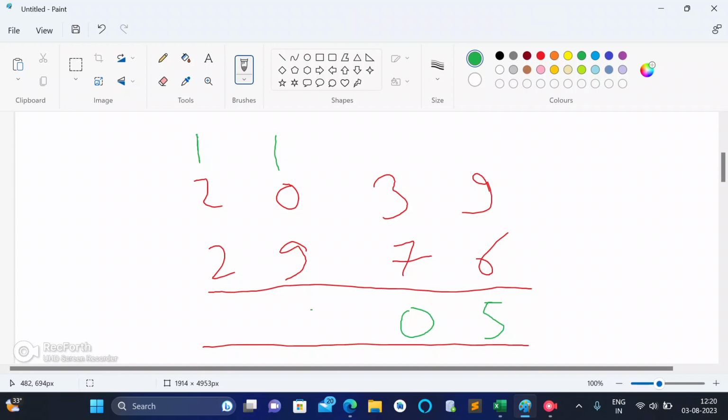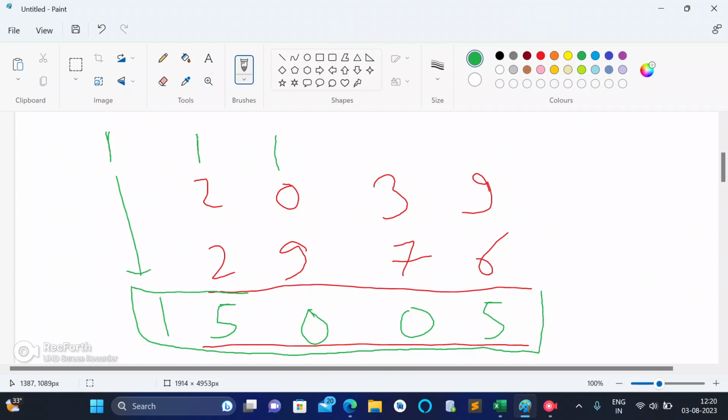Now 9 plus 1 is 10, so 0 is written here and the 1 goes further left. Then 2 plus 2 is 4, plus 1 is 5, so I put 5 here and the last 1 comes down. So my value becomes 15005.